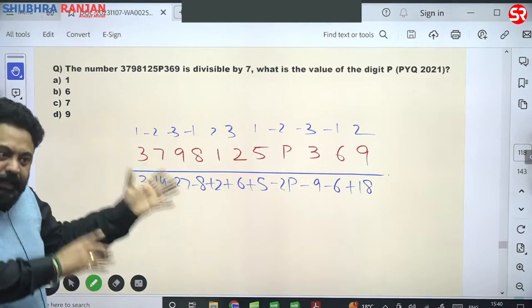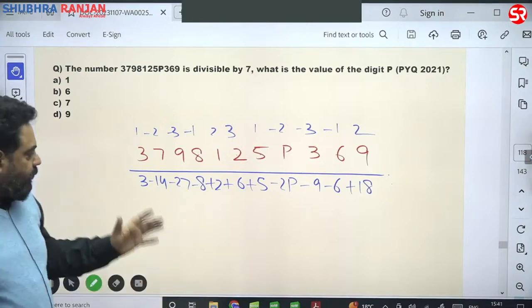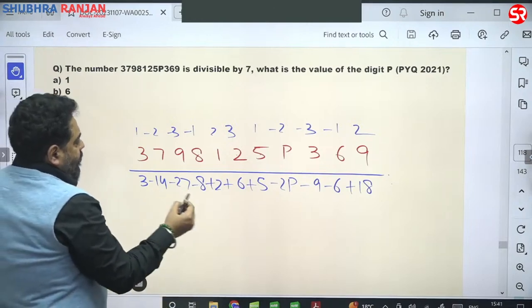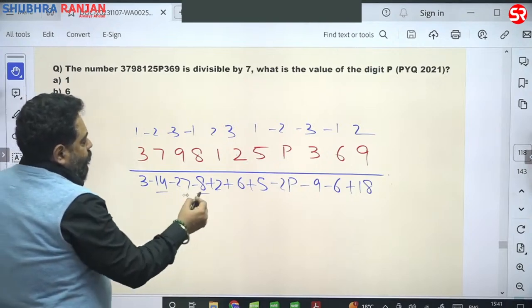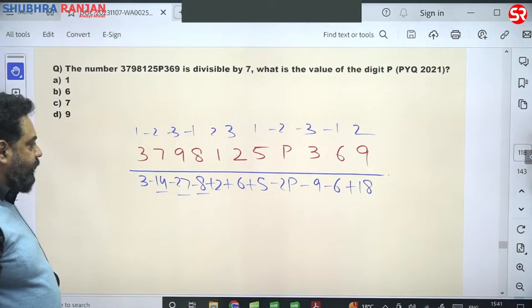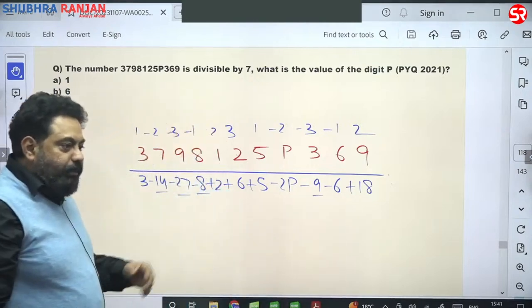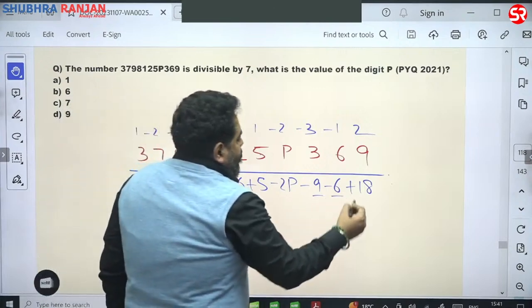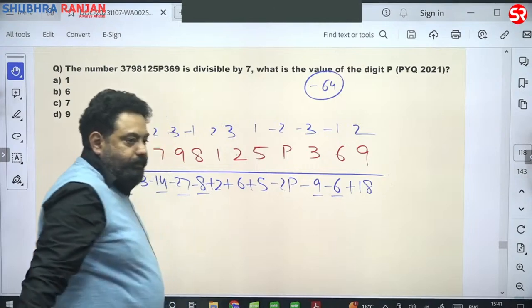That's all we needed to know, right? Just check out kitna bana. If you add minus 14 and minus 8 is minus 22, minus 22 and minus 27 is minus 49. Minus 49 and minus 9 comes out to be minus of 58. Minus 58 and minus of 6 comes out to be minus of 64, right?